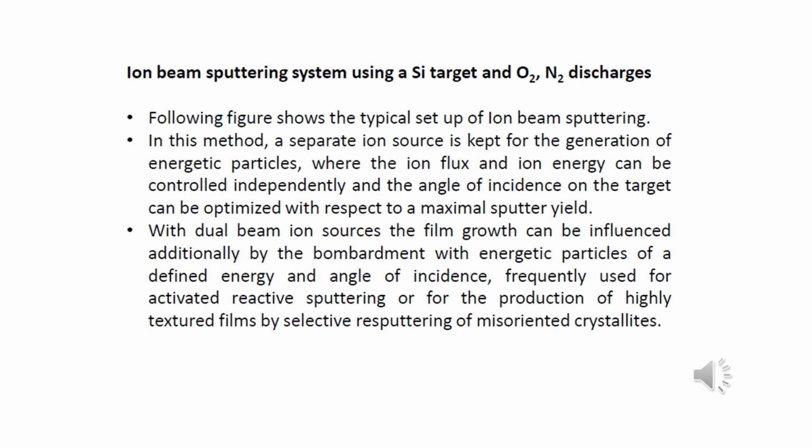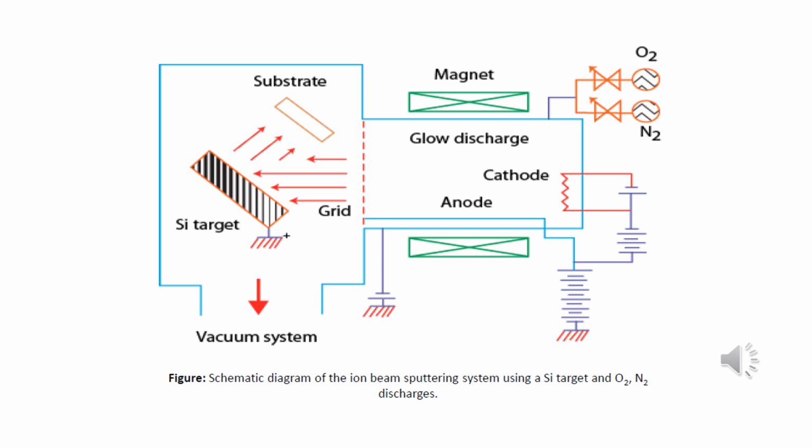With the dual beam ion source, the film growth can be influenced additionally by the bombardment with energetic particles of a defined energy and angle of incidence, frequently used for activated reactive sputtering or for the production of highly textured films by selective resputtering of misoriented crystallites. This is the schematic diagram of the ion beam sputtering system using the silicon target and oxygen and nitrogen discharges.